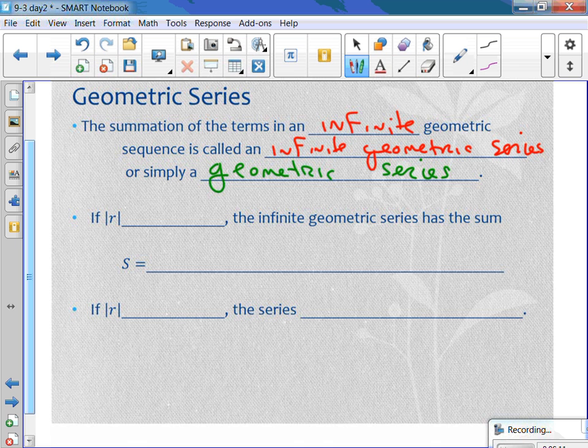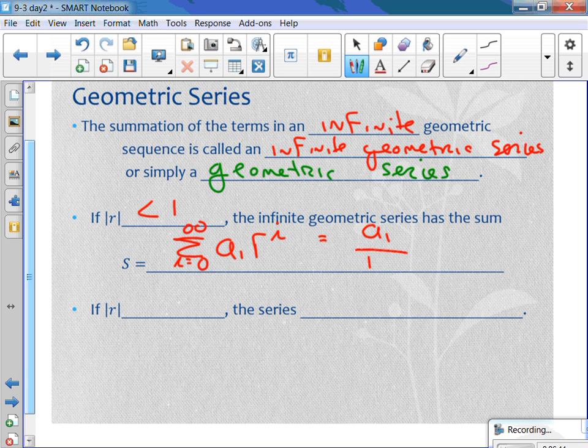So here, if the absolute value of r is less than 1, the infinite geometric series has the sum S, and in our sigma notation, the summation of i equals 0 to infinity of a1 times r to the i, equals a1 divided by 1 minus r.